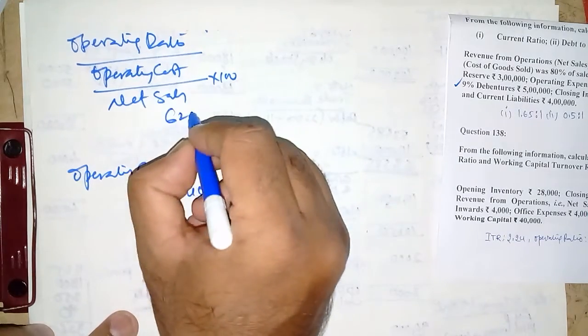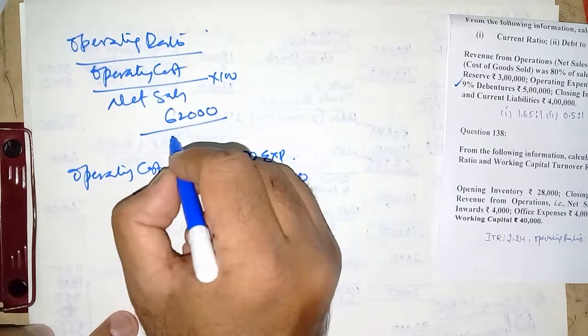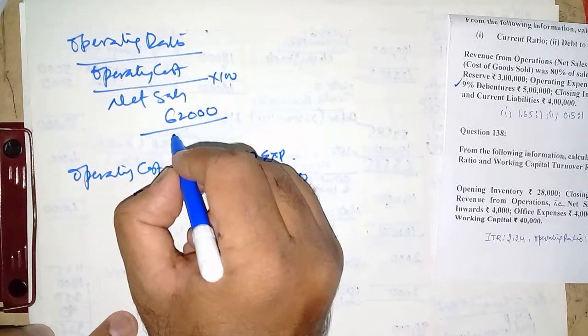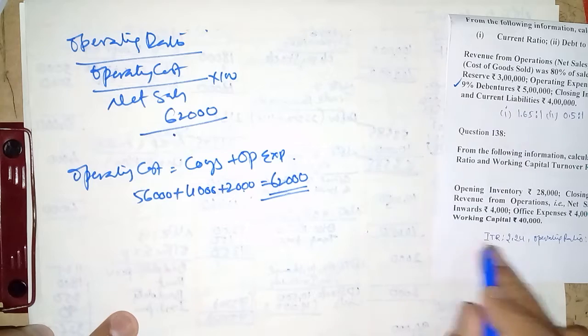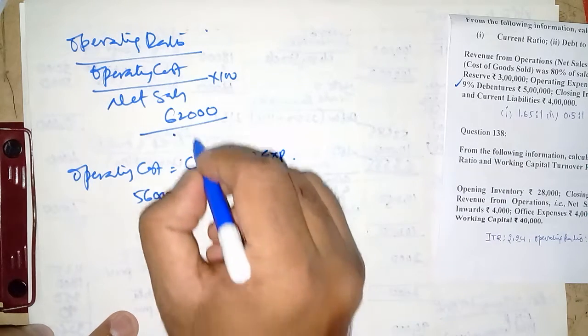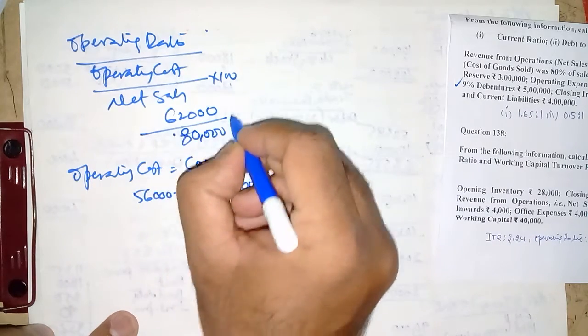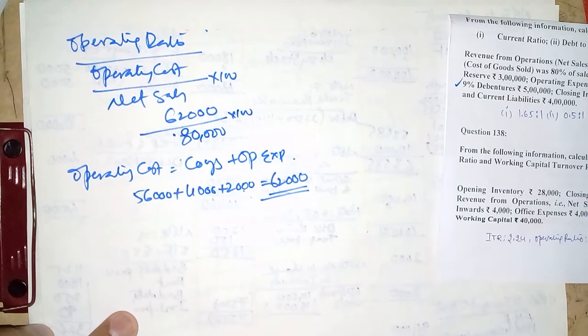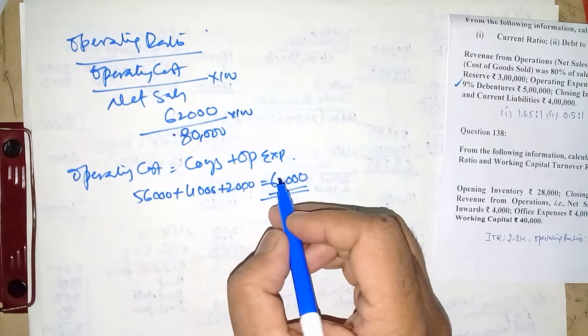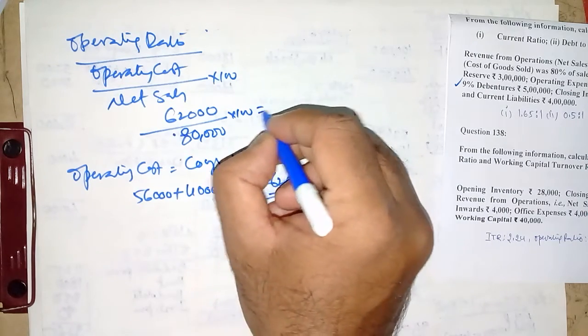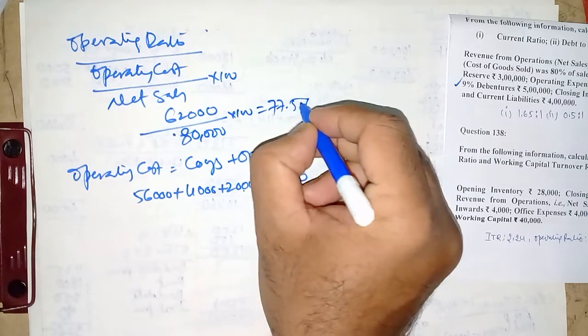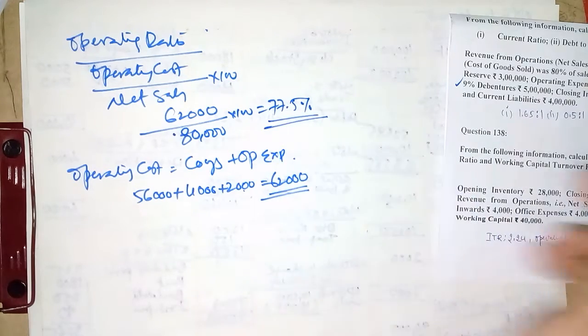So 62,000 divided by net sales, which is directly given in the question as 80,000, into 100. Therefore 62 divided by 80 into 100 is equal to 77.5%. 77.5%, right? This is the answer to the second question.